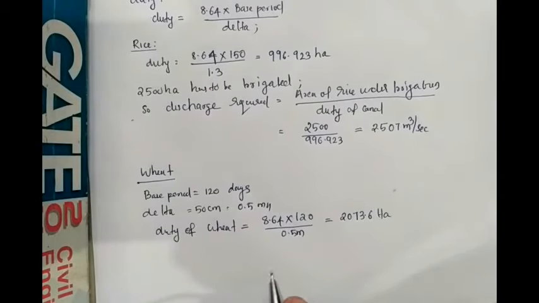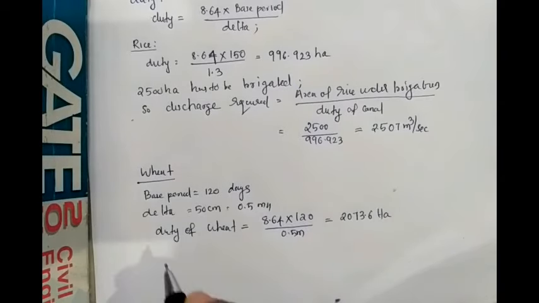To irrigate 2500 hectares of rice, it requires running 2.507 meter cube per second through the canal.